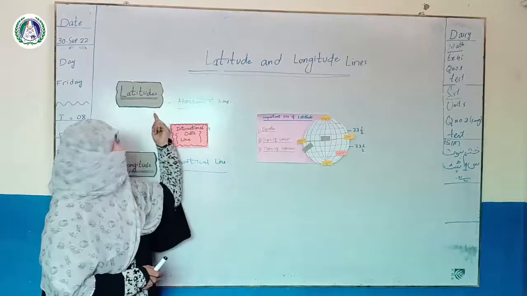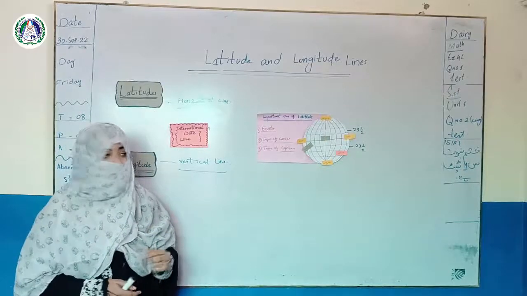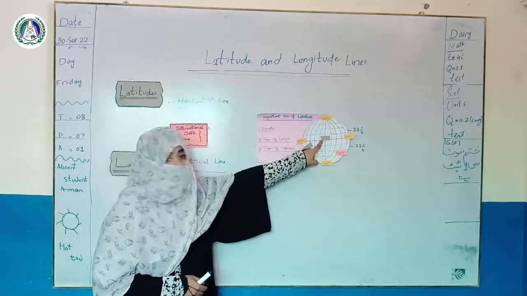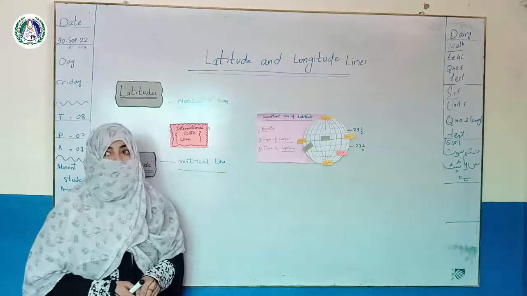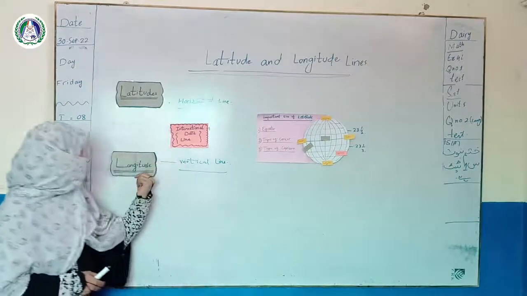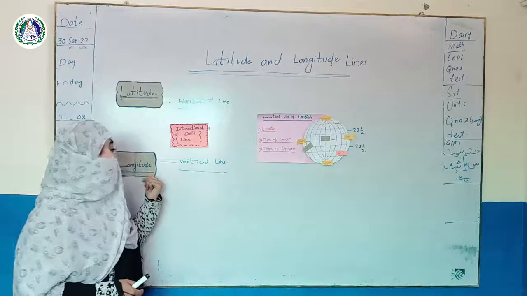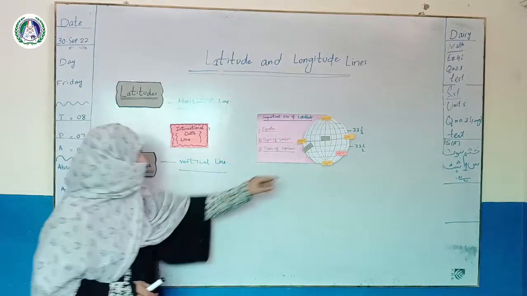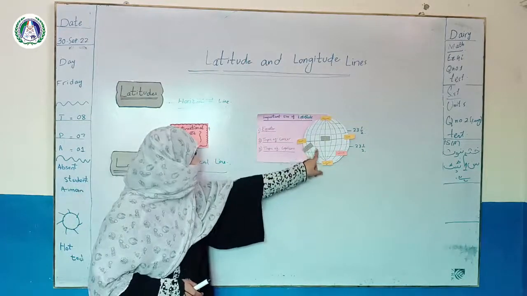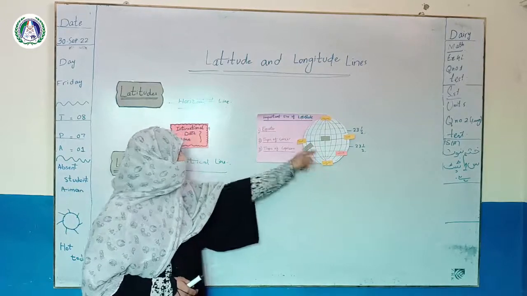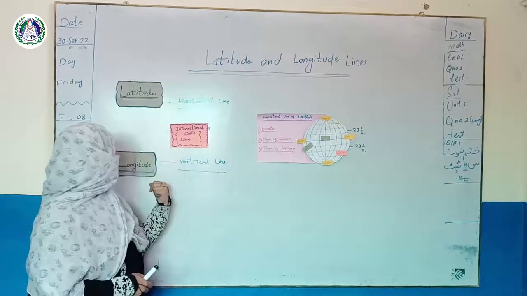The latitude lines are parallel to the equator because it is equal to 0 degree, but longitude lines are not parallel because it's equal to 1 degree. Okay, this is all about latitude and longitude.